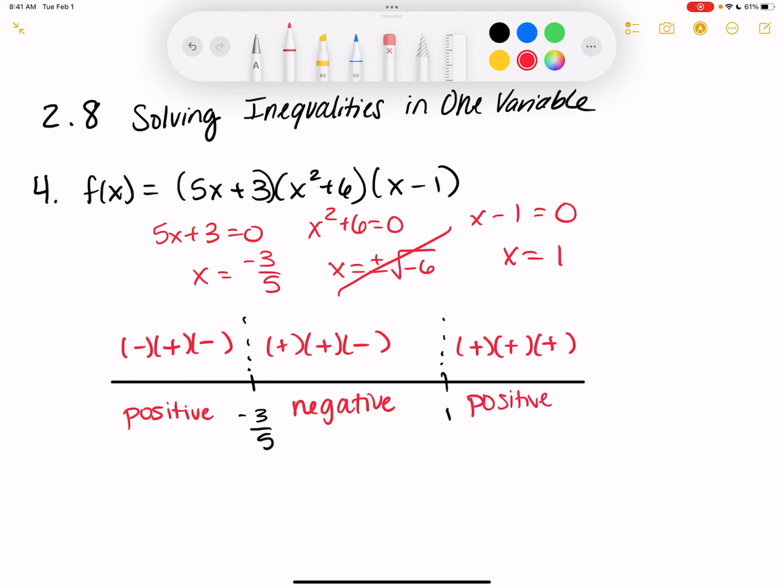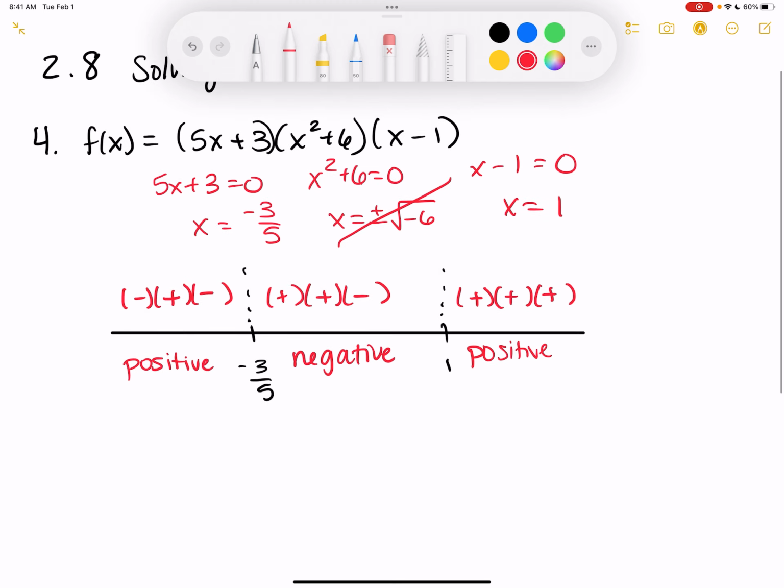More often than not, it's going to alternate. Positive, negative, positive. It's not always the case, but that tends to happen. Don't just assume that if you get two positives back to back that it's wrong, because there are a few that do that, but they tend to alternate. So the way you should have your answer, your zeros are x is equal to negative 3/5 and x is equal to 1.